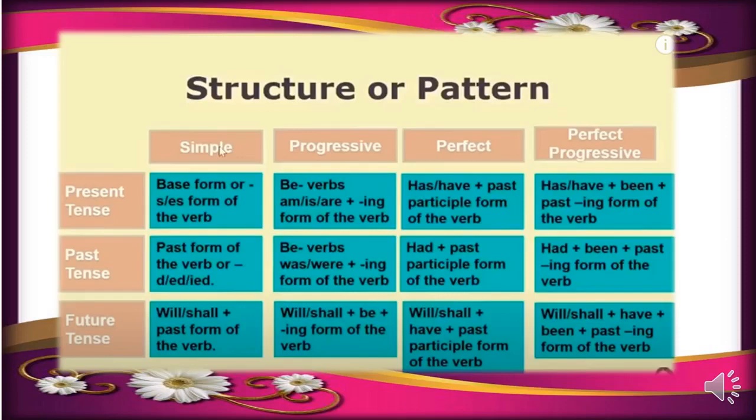And then for the progressive, we have be verbs am, is, are plus ing form of the verb, and the perfect we have the has or have plus past participle form of the verb, and for the perfect progressive we have has or have plus been plus ing form of the verb, and so on. Okay, so this is the structure or the pattern so that you will not be confused in using the verb and the aspect of the verb.